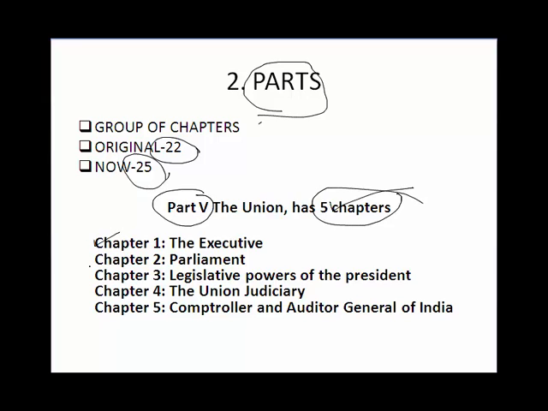Chapter 1, the executive. Chapter 2, parliament. Chapter 3, legislative powers of president. Chapter 4, the union judiciary. Chapter 5, comptroller and auditor general of India. So what is the part number here? Part 5. What is the title of part 5? That is union. Consists of how many chapters? 5 chapters. Clear? So this is just an example.